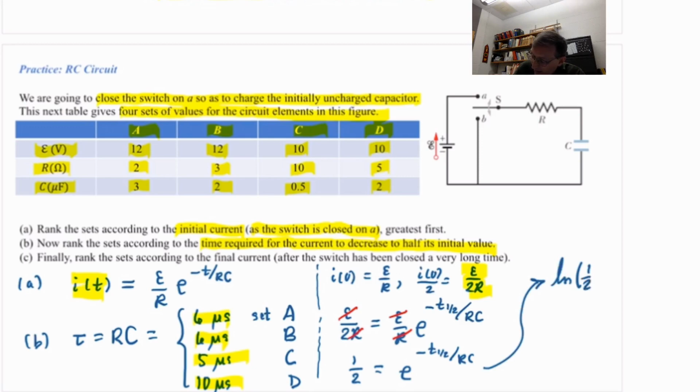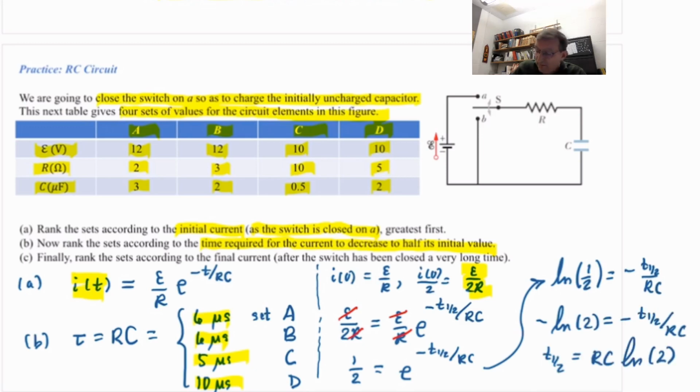Logarithm of 1/2 equals minus T1/2 over RC. Logarithm of 1/2 is negative log of 2. So T1/2 is RC times the natural log of 2. That's a handy way to get the half-life. Just take the time constant, tau, multiplied by the natural log of 2. But notice that log 2 is a constant, and that's why I could answer the question about ranking the half-life just by ranking the time constant.